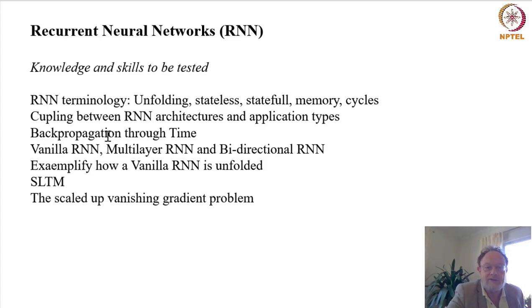We discussed the standard version of that, which we call vanilla recurrent neural network, but we also illustrated how it can be extended by putting these elements in multiple layers, and also how there can be communication back and forth in the same layer.